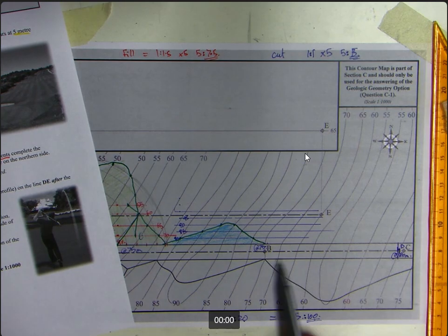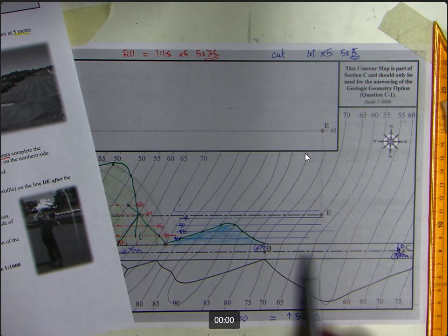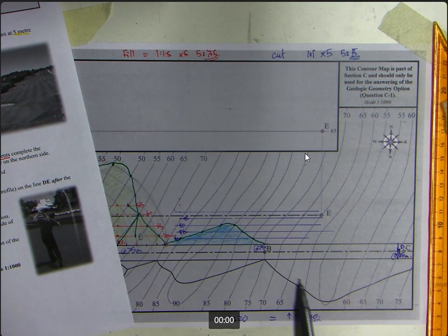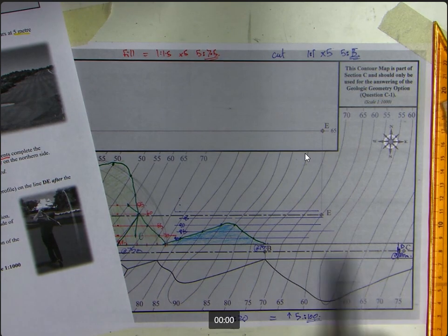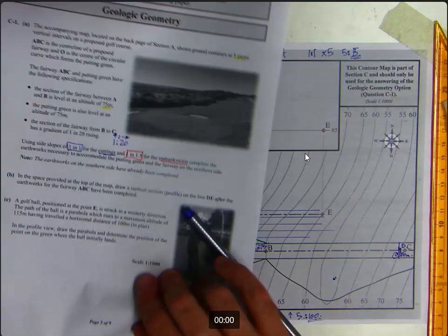So the slope itself is always going to be above the land. So that's at 75 and getting higher and higher, and then this is at 75 getting lower and lower and then coming back again. So this section of fairway is always going to be above the land, therefore it's always going to be a fill activity.